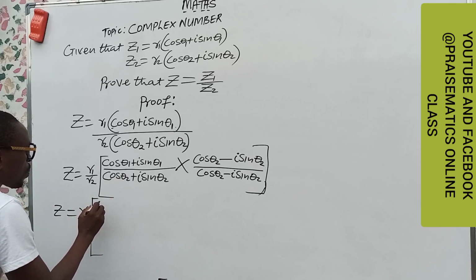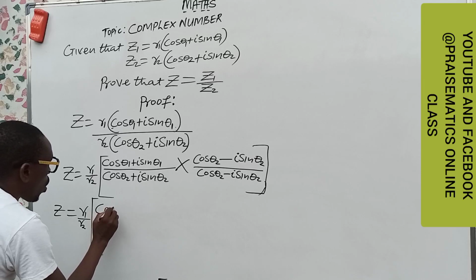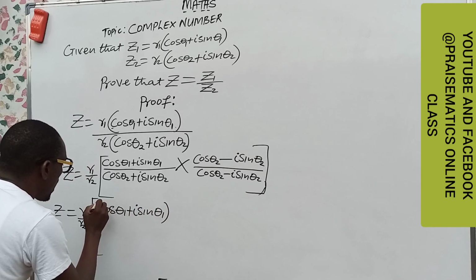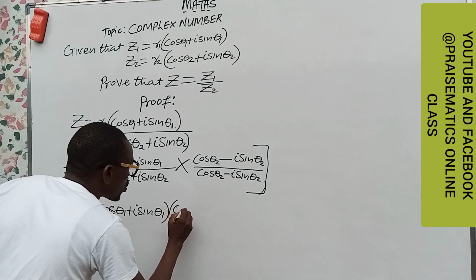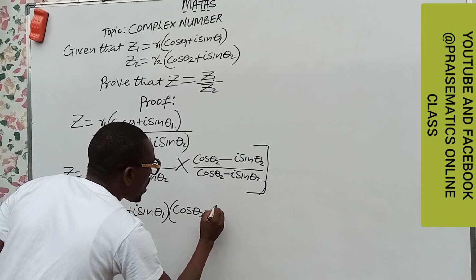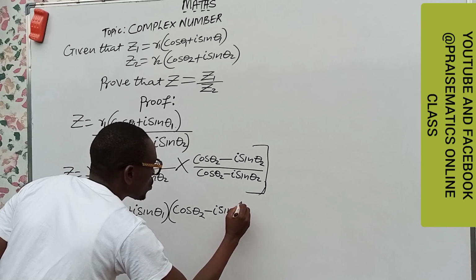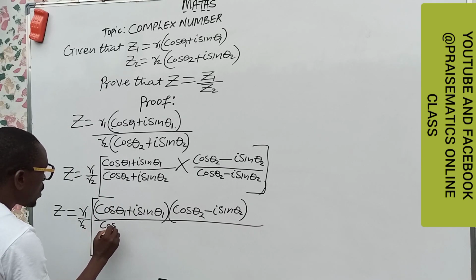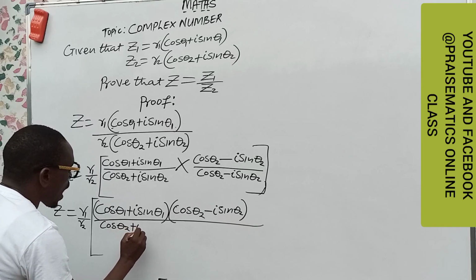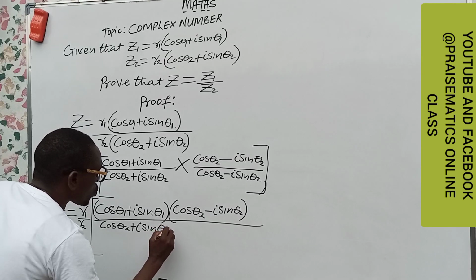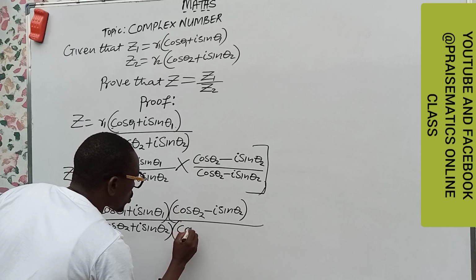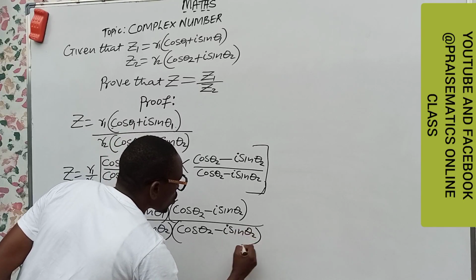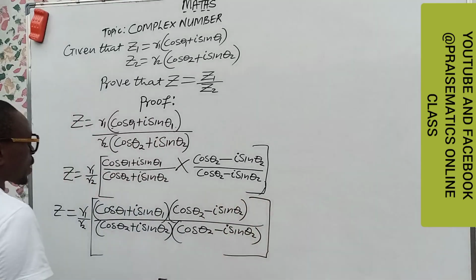The numerator multiplies the numerator, which is cos theta 1 plus I sin theta 1, multiplied by cos theta 2 minus I sin theta 2, close it, all over the denominator, cos theta 2 plus I sin theta 2 multiplied by cos theta 2 minus I sin theta 2, close it, all in big brackets.